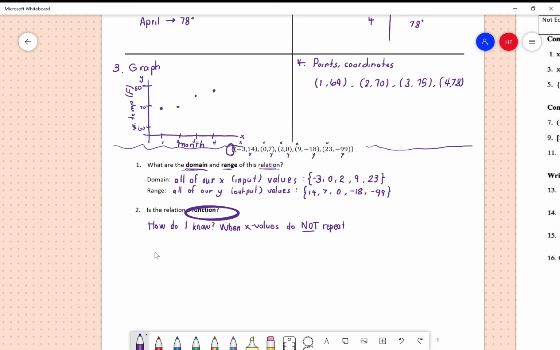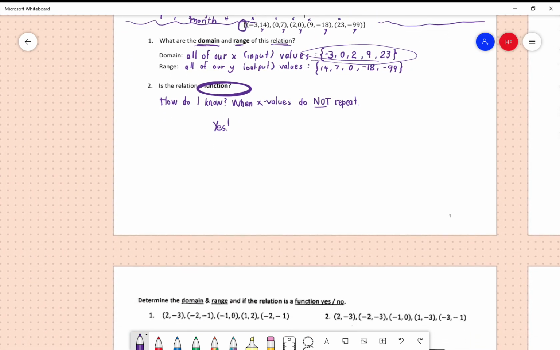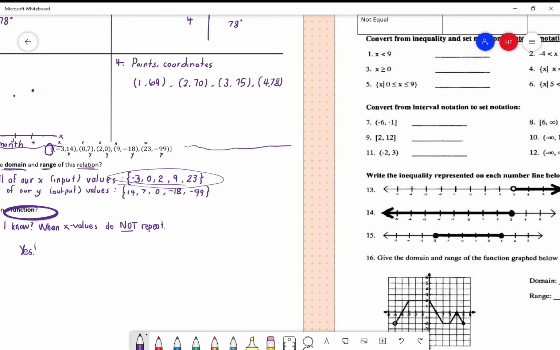Our y values can repeat over and over and over again, but our x values cannot repeat. So in this problem, we look back at the domain. So no repeated values in the domain is what we're looking for. We have negative 3, 0, 2, 9, and 23. So is the relation a function? Yes. Where's page 2?